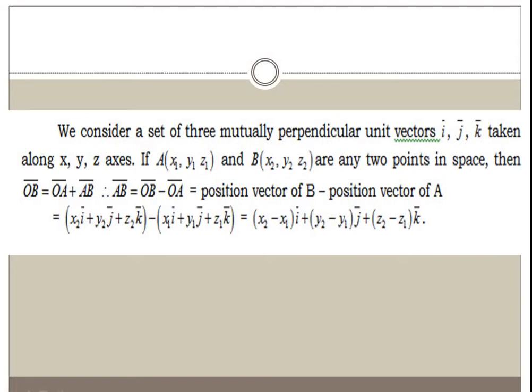So the position vector of B minus the position vector of A gives AB bar. That is the general definition. So the subtraction is (x2 minus x1) i bar plus (y2 minus y1) j bar plus (z2 minus z1) k bar. That is the subtraction of two vectors.